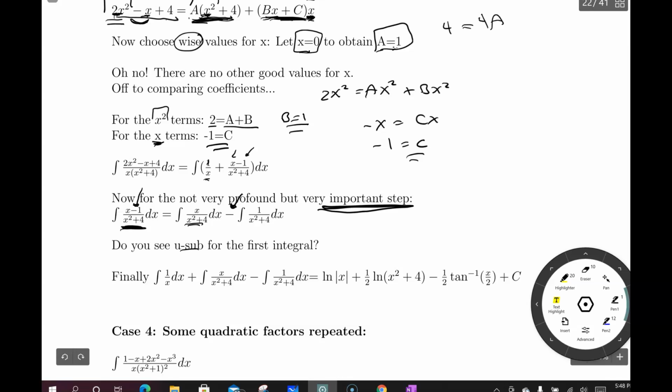This integral here needs u substitution. So I would let u equal x squared plus 4, du will give me 2x dx. So I'll get 1/2 du is x dx, right? So this turns into 1/2 times 1 over u du.